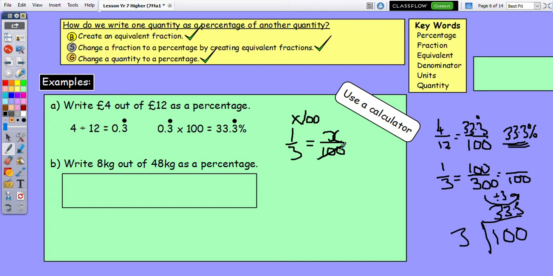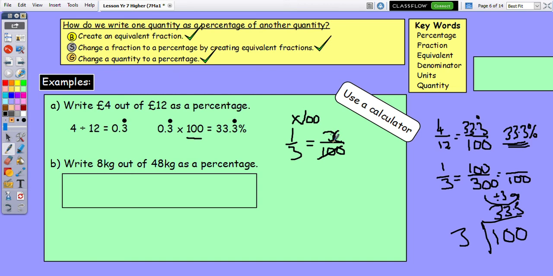Now, a calculator will do all this for you. If I do 4 divided by 12, I'm going to get a third, or 0.3 recurring. I then multiply by 100 because I'm essentially doing the inverse operation.